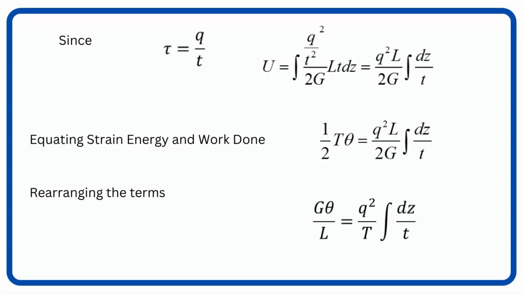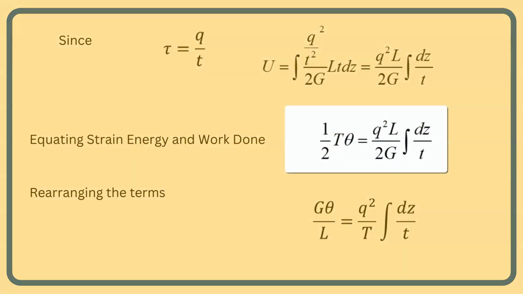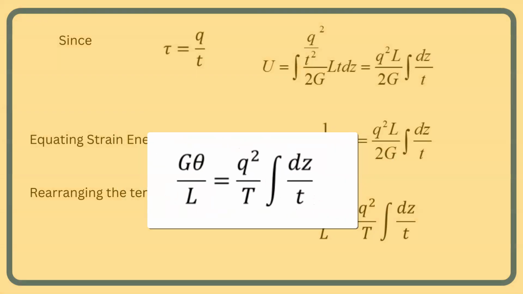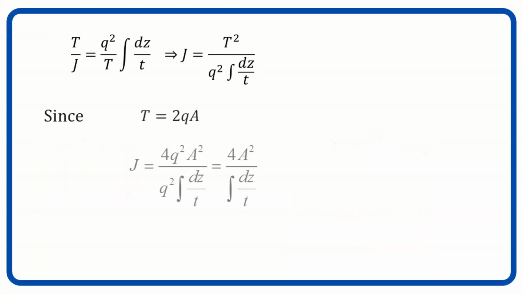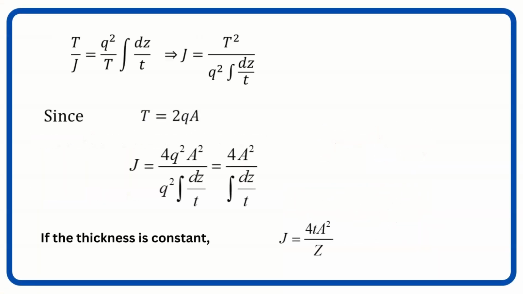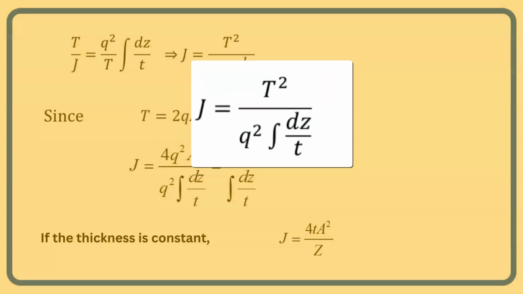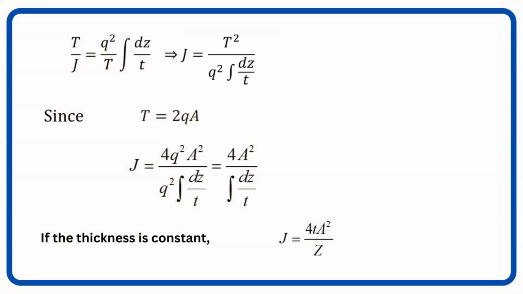Now, we can equate the expressions for the work done and the total strain energy. Rearranging the terms, we obtain an expression for G(theta over L). Since G(theta over L) is T over J according to the torsion formula, we replace G(theta over L) by T over J. Then, J can be written as T squared divided by q squared into the integration of ds over t.